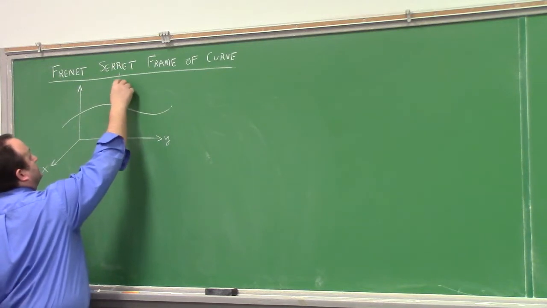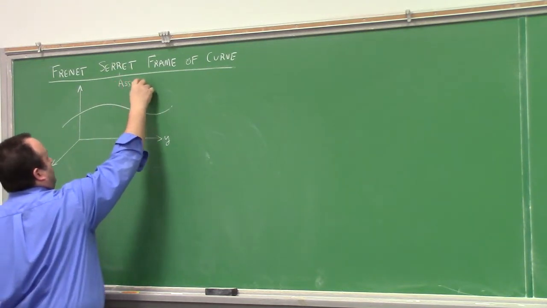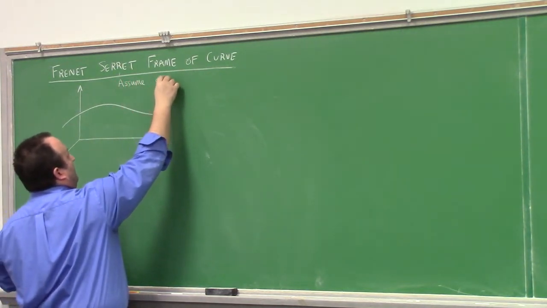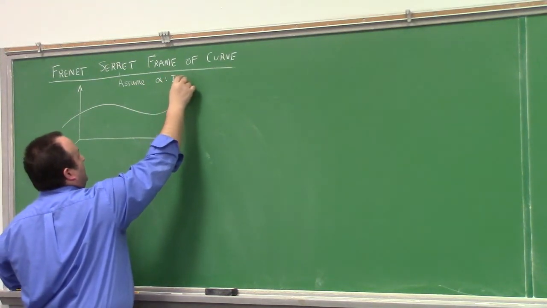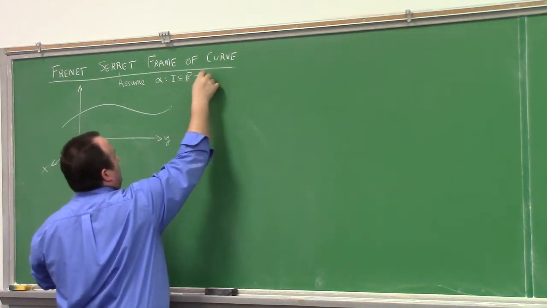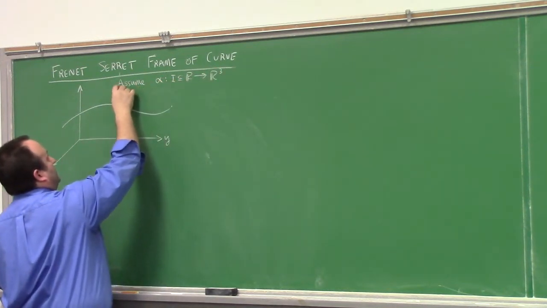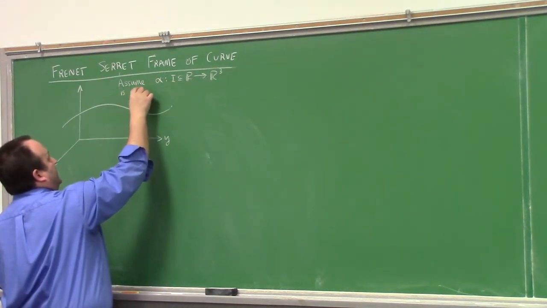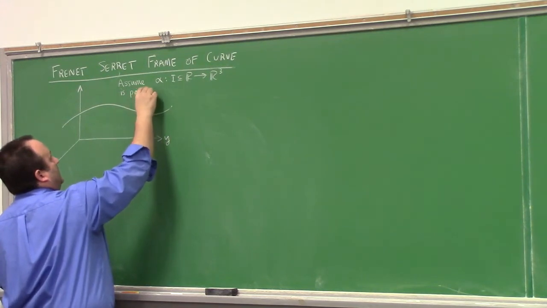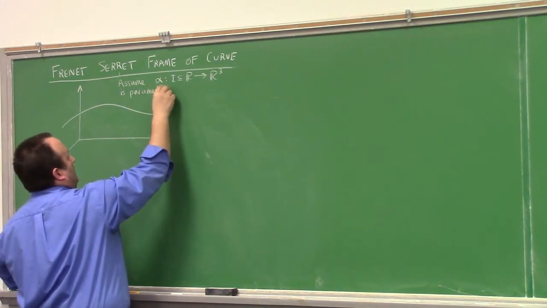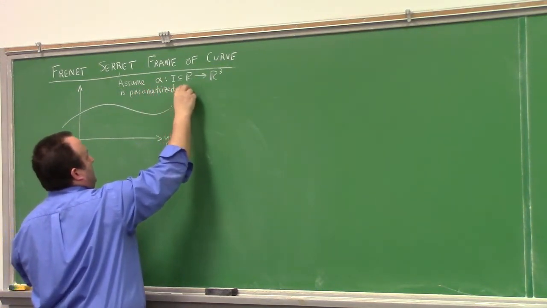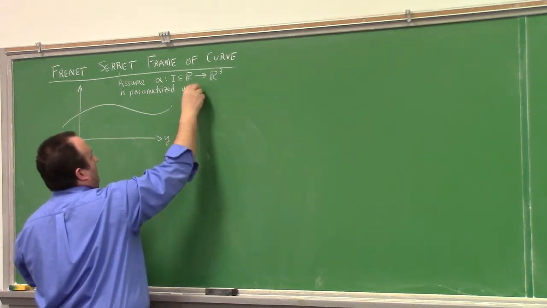All right, so we're going to assume, and I'll use alpha for the curve, assume alpha from some connected subset of the reals to R3 is parametrized with respect to arc length.